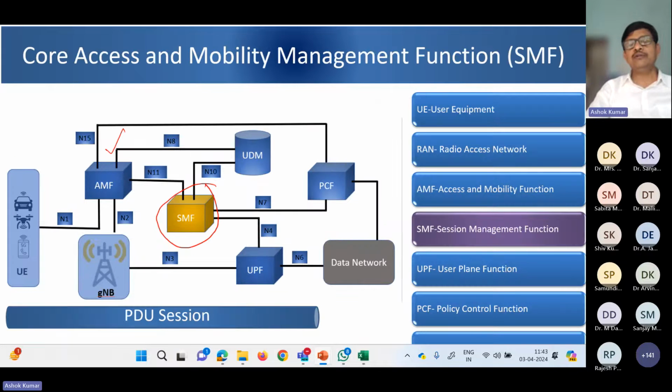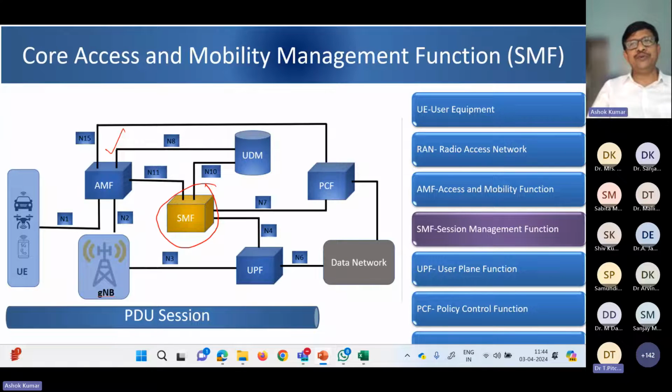Can I ask one question? Sure. How is that source gNodeB decided? The source gNodeB is the node which is serving the user at present. It is the BTS which is serving the user equipment as of now.